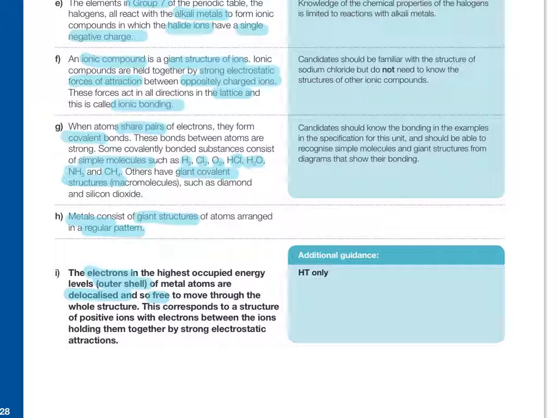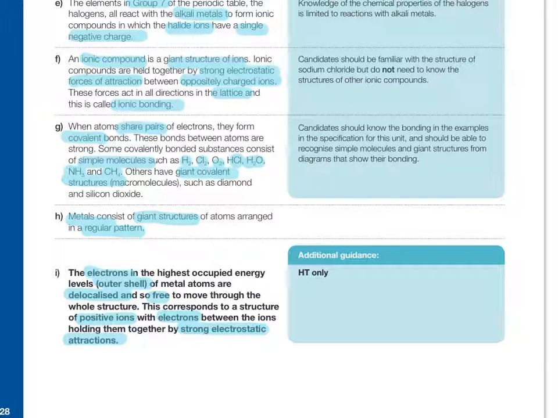that 1 electron is free to move between the positive ions. So your metallic structure is positive ions with free electrons moving between the ions. And those electrons and positive ions have strong electrostatic attractions between them. So strong attractions between the positive and negative. Just like in your ionic bonding, you have the electrostatic attraction between positive ions and negative ions.